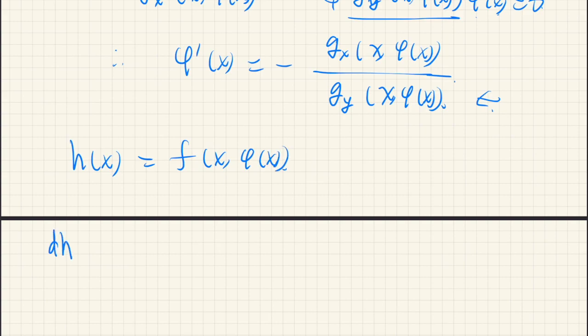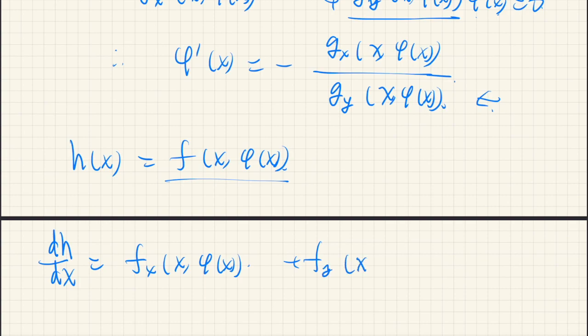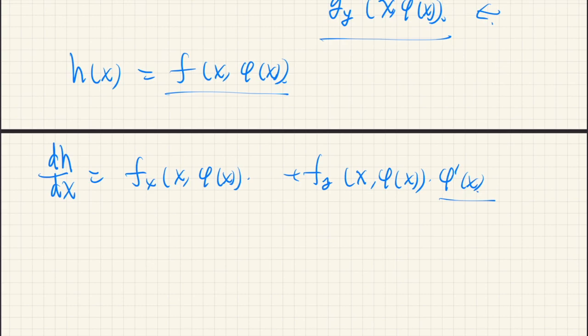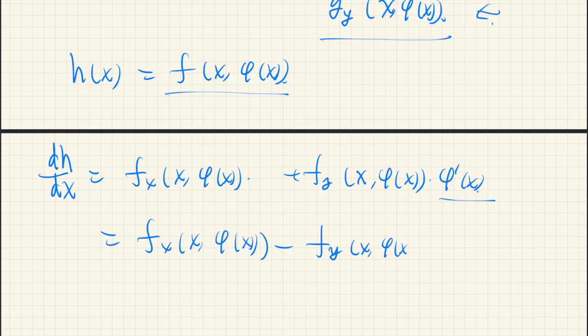If we differentiate it, applying the multivariate chain rule, we have f_x times 1 plus f_y(x, phi(x)) times phi prime. And now phi prime is this one, so substitute it: negative g_x over g_y.